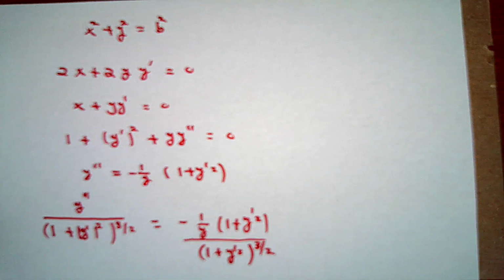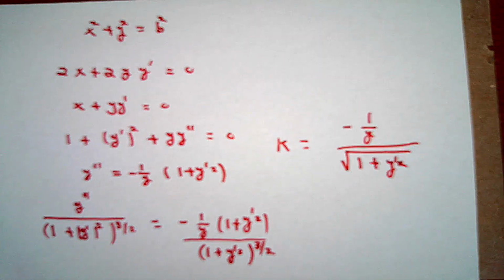The curvature is this second derivative divided by the 3/2 power of 1 plus y prime squared. The curvature must be negative 1 over y times radical 1 plus y prime squared.